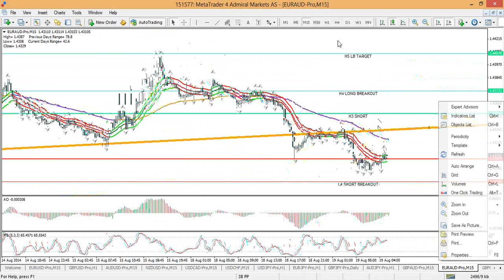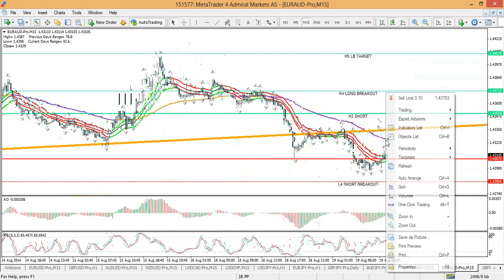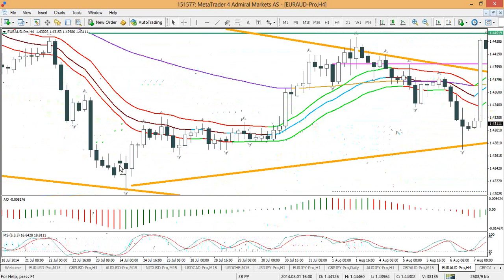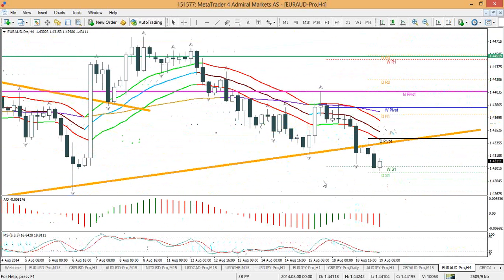But it is a 15-minute chart, so it doesn't have to be an entire few hundred pips. Logically, it's a small time frame. So for the moment, maybe we could expect a small retracement.